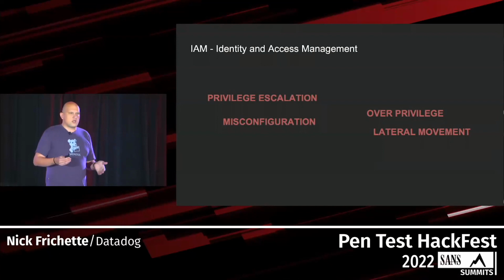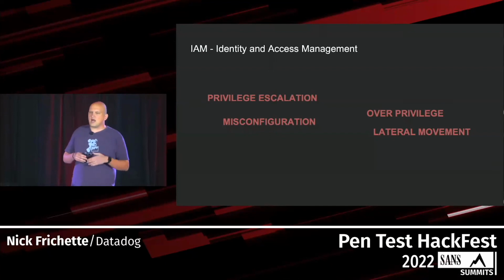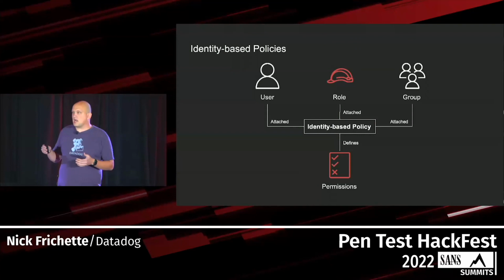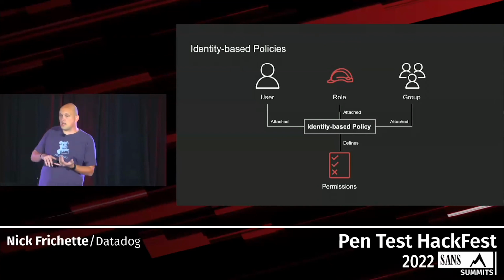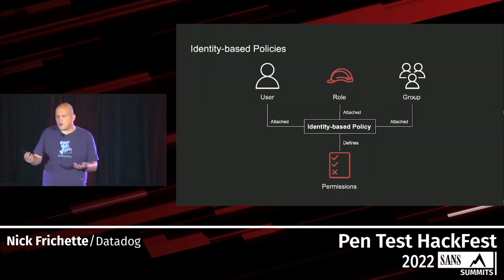Now, in these situations, what we're actually abusing, what we're actually taking advantage of, are what we would refer to as identity-based policies. These are policies that are attached to some entity, whether that be a user or role or group, in this situation, one that we have compromised.